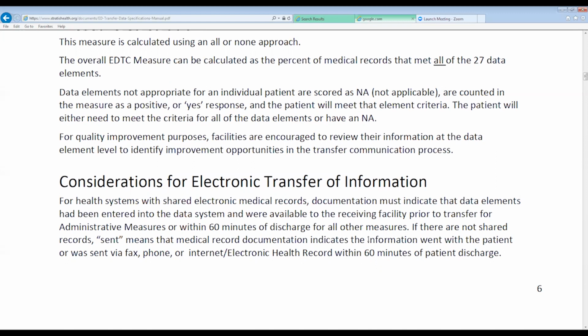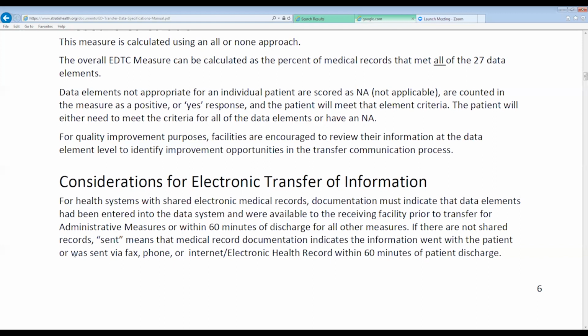We've heard some different things, I might not use the right phrase, but some will update their system at a certain time of day, or once a day, or whatever, and it's not always meaning that they can see what you've entered right away, even though you have a shared medical record. So that is really something that you need to check out. It isn't enough just to know that you have a shared record. It's, is this information available within these time frames?